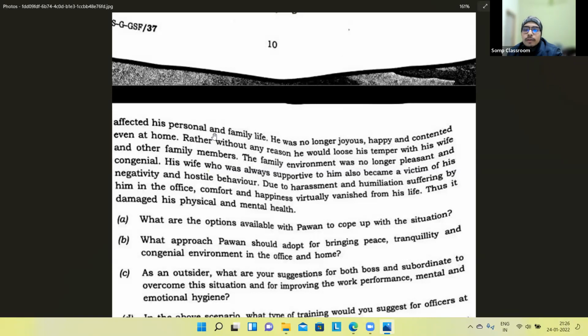Esprit de corps, if you have read. Kavya, could you explain to your batchmates, what is it? Yes, sir, it's maintaining friendly relationships with colleagues, or team spirit. Yeah.